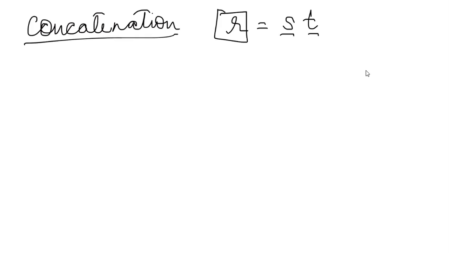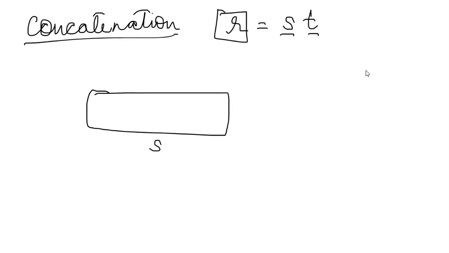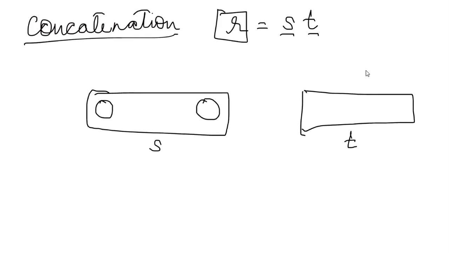When we have to draw the NFA for concatenation, we will draw it like this. Let us say this is the NFA for regular expression S, and this is the NFA for regular expression T. Each will have a start state and a final state.